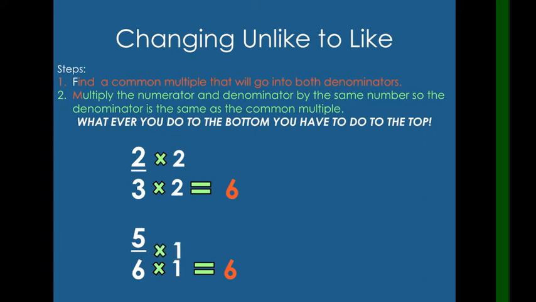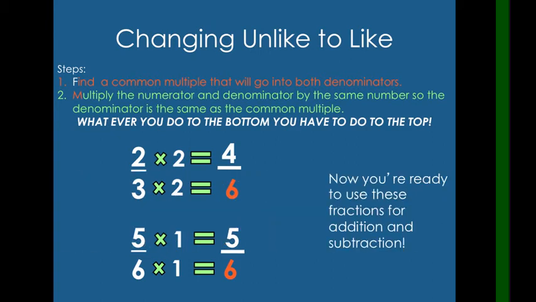At yun din ang gagawin natin sa kanyang numerator. So, 2 times 2 is 4. And 5 times 1 is 5. So, in 2/3, we have 4 over 6. In 5 over 6, we have 5 over 6. The same. Now, you're ready to use these fractions for addition and subtraction.